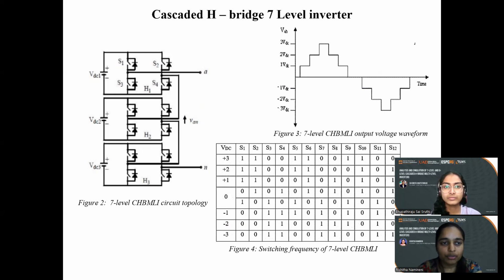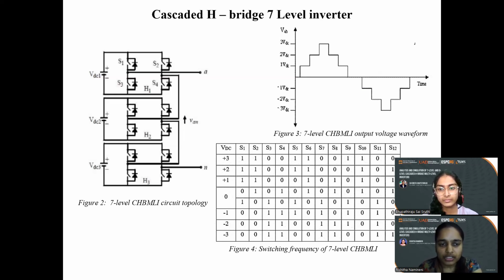So this is the circuit topology of the 7-level cascaded H-bridge multi-level inverter and its corresponding output voltage waveform. Here we can see the cascaded H-bridge consists of three bridges. As this is the 7 level inverter, H1 is bridge 1, H2 is bridge 2, and H3 is bridge 3. The voltage produced by each bridge is added together to get the required voltage.